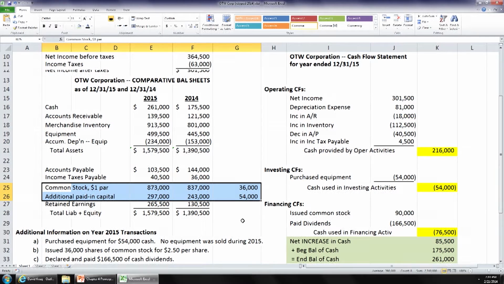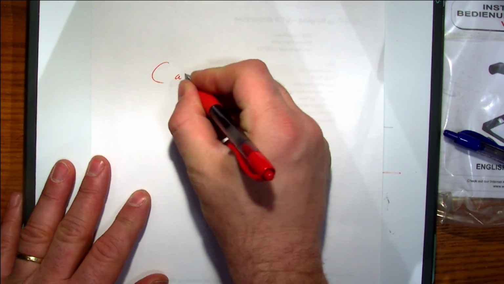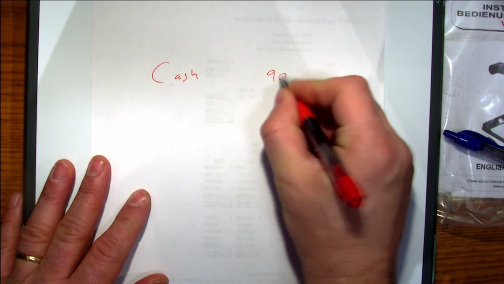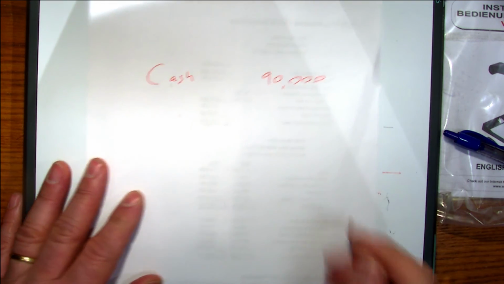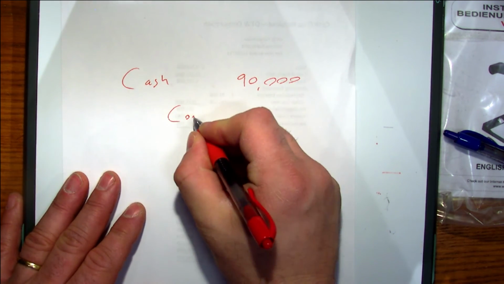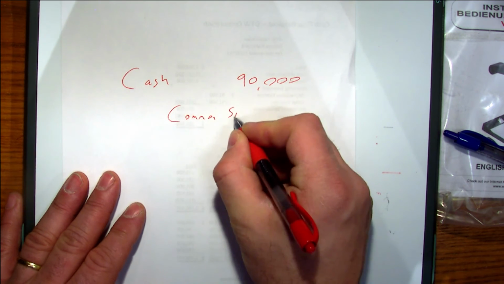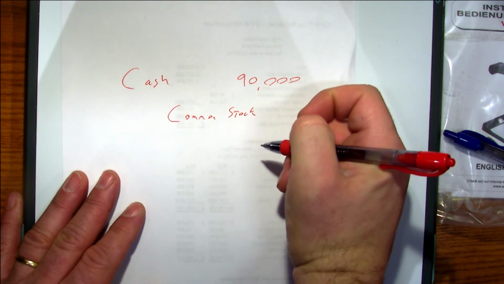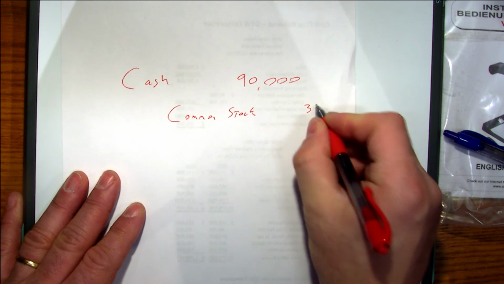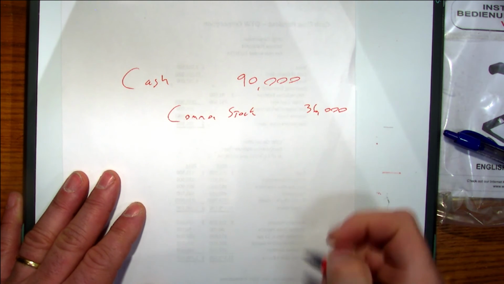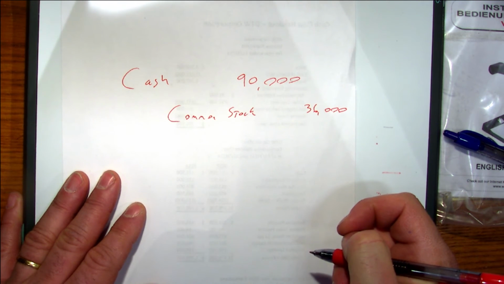I'll tell you what, let's go back over to the Elmo. I can replicate what the journal entry was. We debited cash for 90,000. We credited common stock for 36,000 for the par value, right?